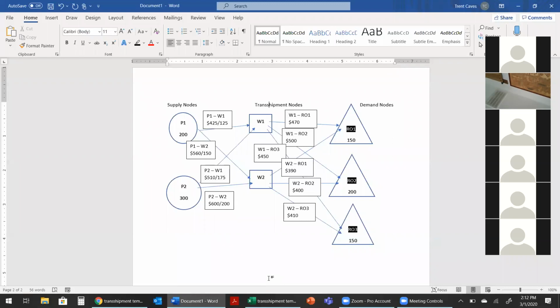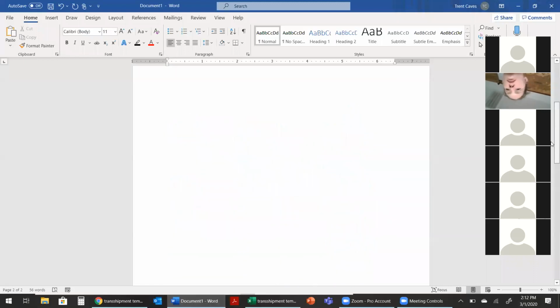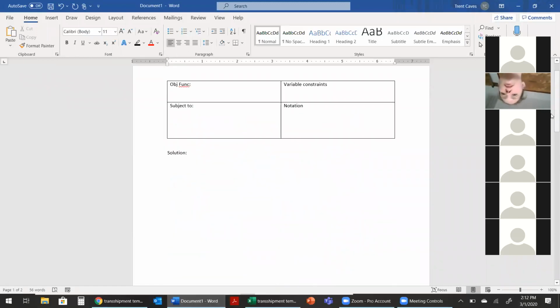The first thing that we're going to look at is the objective function. So we'll go back to our layout. So the objective function for this one says the management wants to determine a distribution plan that will minimize the total shipping cost.